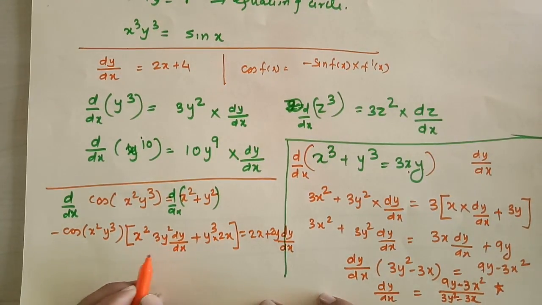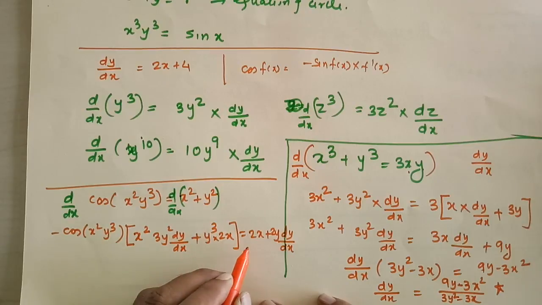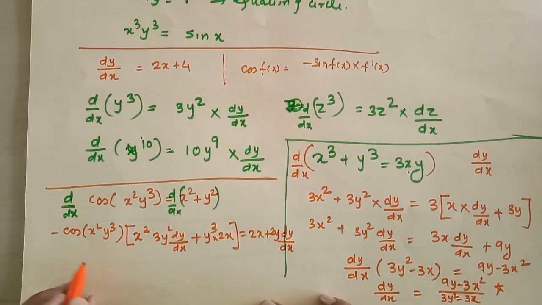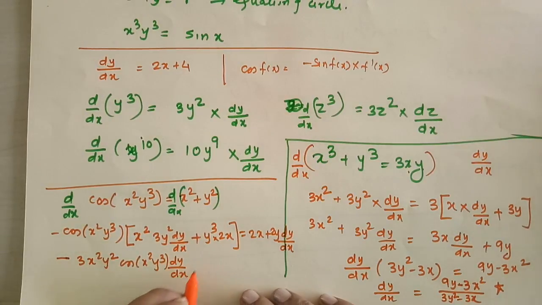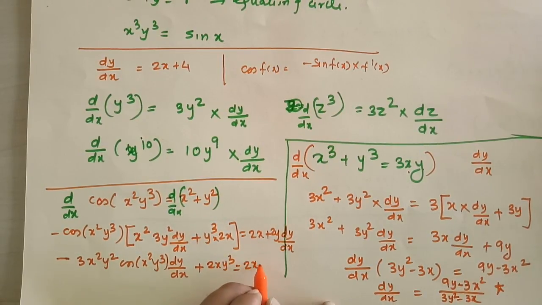So then the next step is to make dy by dx the subject. If you open up the bracket, it's going to become negative 3x squared y squared sine x squared y cube dy by dx plus 2xy cube equals 2x plus 2y dy by dx.